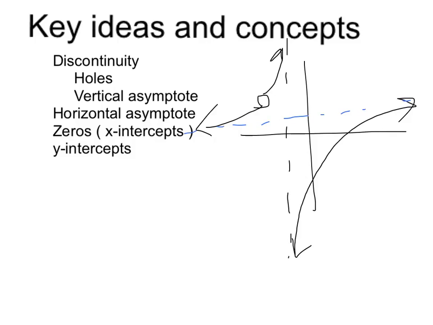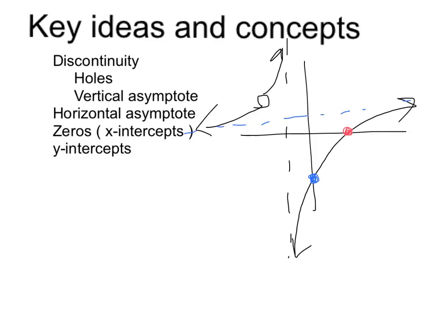We should be able to find the zeros, which are the x-intercepts, and not all graphs have x-intercepts. Some won't have any at all. And then finally, we should also be able to find the y-intercepts. And similarly, not all graphs have y-intercepts.